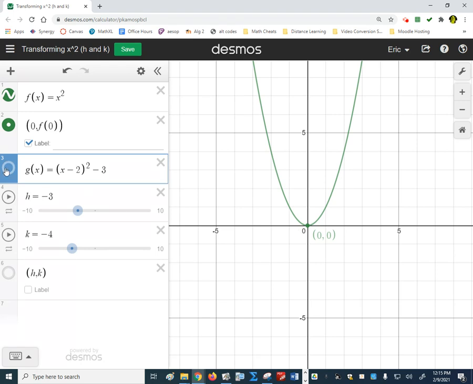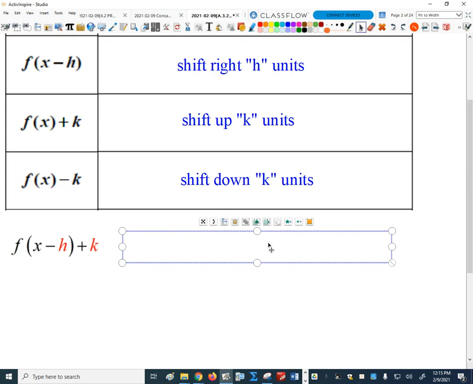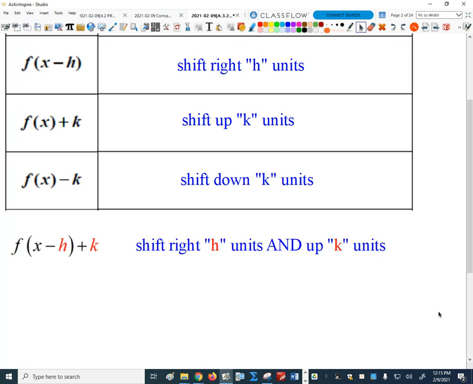Right 2 down 3. That's correct. We subtract 2 from x inside the function, goes right 2. We subtract 3 outside the function, goes down 3. Very good. Okay, I think you guys are getting this. Good stuff. So this is shifting us. The number we subtract from x tells us how far we're going to the right. That one's the opposite. And the number we're adding outside tells us how far we go up.